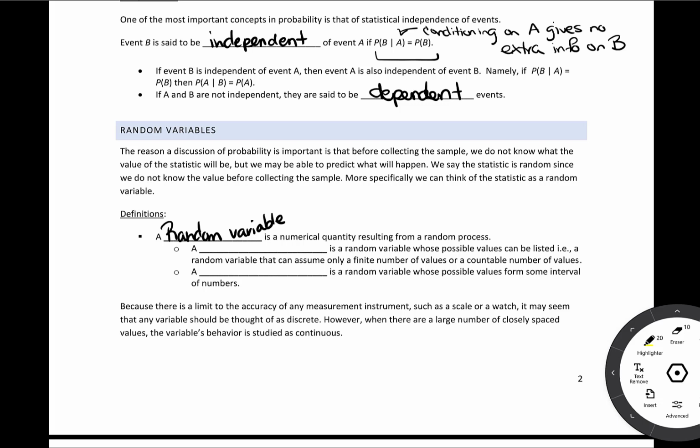There are two different types of random variables, just like there are two different types of variables, and you probably saw that in your intro stat course. There are discrete random variables, and there are continuous.